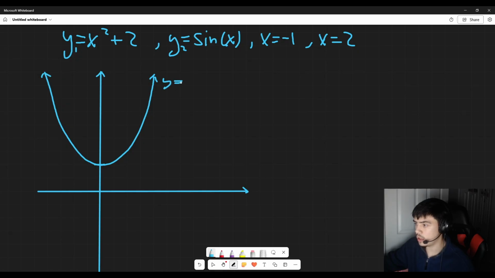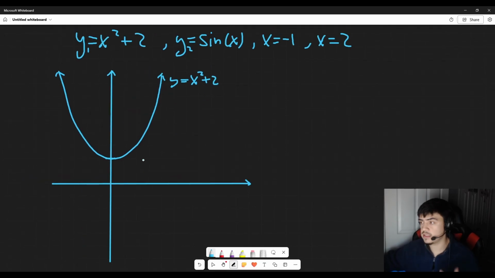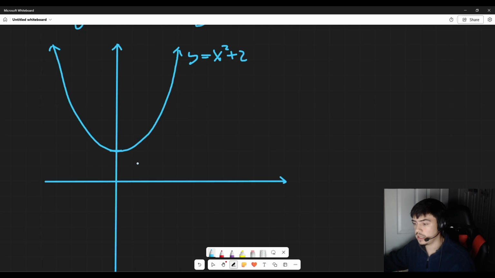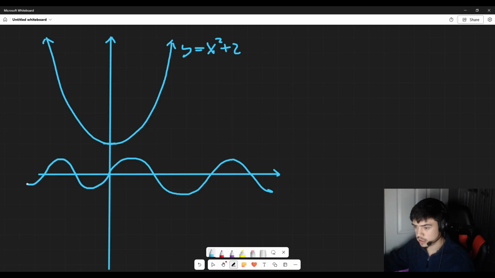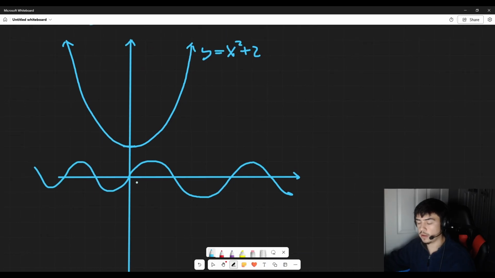We'll call this y equals x squared plus 2. And then the next graph is y equals sine of x. And sine of x starts at 0 when x is equal to 0. So we're going to go ahead and draw this now. It goes up to here, like this. It's oscillating. It's not so important how accurate the graph is, but this is something like how it would look.